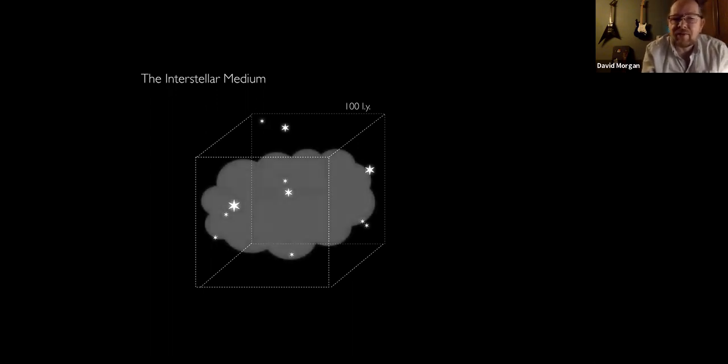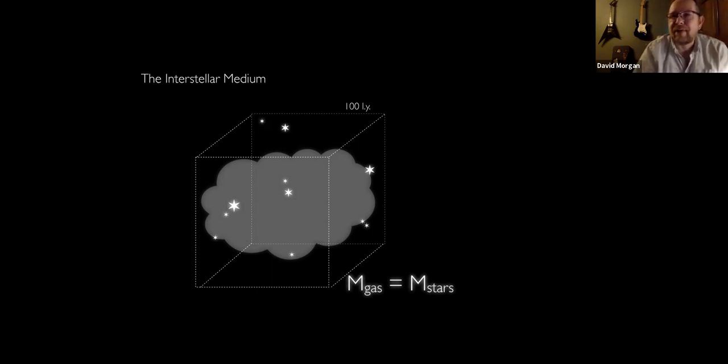It turns out that the mass in our galaxy of the stuff in between the stars, the stray hydrogen and helium atoms, the little bits of gas and dust and ice, is roughly equal to the mass of the stars. In other words, there's the same amount of stuff between the stars as there is in the stars.